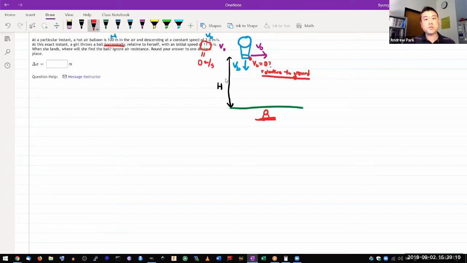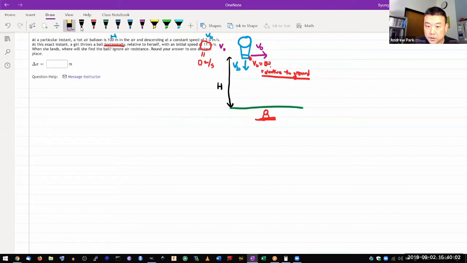And if you imagine someone who's on a descending hot air balloon and just lets go of the ball, then because this entire thing is moving at speed VB downward, the ball won't be at 0 speed relative to ground.